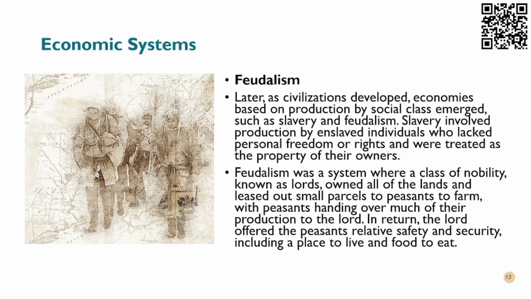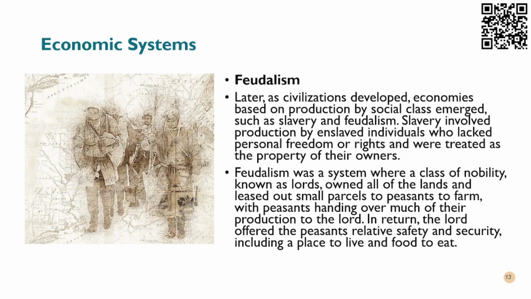Feudalism was a system where a class of nobility, known as lords, owned all of the land and leased out small parcels to peasants to farm, with peasants handing over much of their production to the lords. In return, the lords offered the peasants relative safety and security, including a place to live and food to eat.